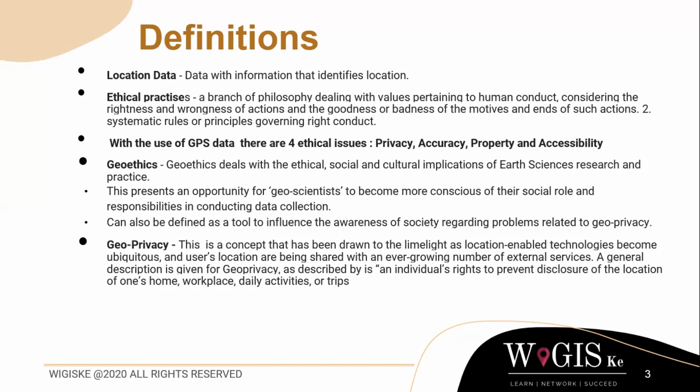When you download different applications from the iOS store or from Google Store, you're requested to agree whether you'd like to share your location or not. A couple of years ago, this was not the trend. It was more the default that applications automatically gained access to your location. Now the concept of geoprivacy is where you actually get the right to prevent the disclosure of this information.